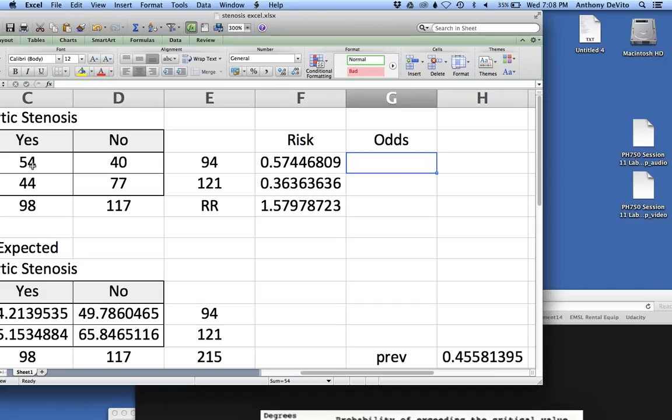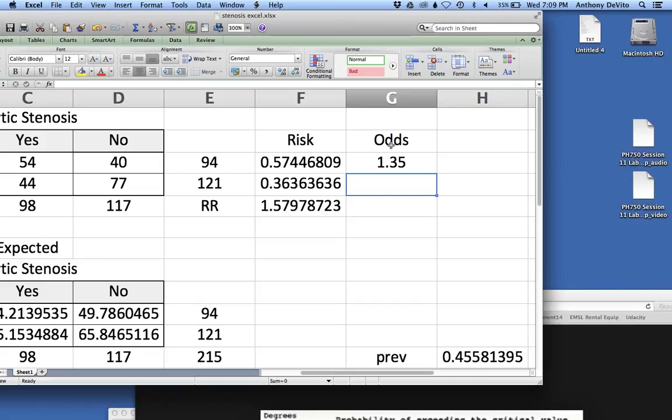is basically the number of outcomes that involve stenosis, that's 54 in this case, over the number of people, put an equal sign there. The odds are the number of people that have stenosis, 54 for smokers, over the number of smokers that don't have stenosis. So instead of 54 over 94, it's 54 over 40.